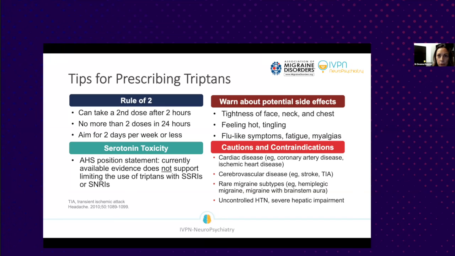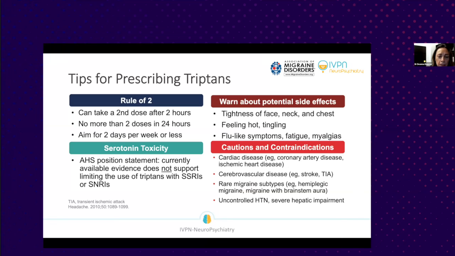That's true of all Triptans. And typically no more than 2 doses in a 24-hour time frame. We ideally encourage patients and families not to take Triptans any more than twice per week to avoid medication overuse or rebound headache.